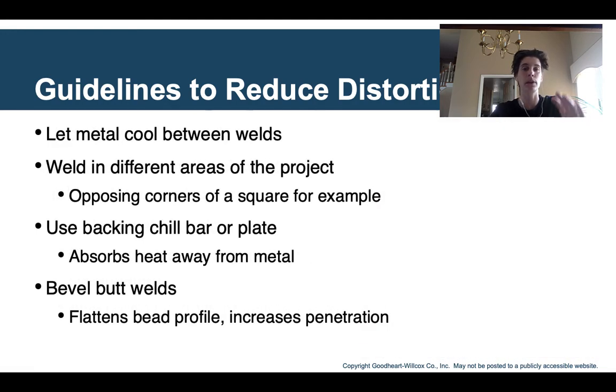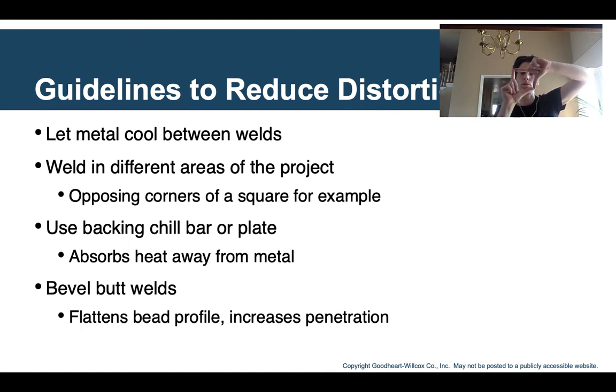Other tips, let the metal cool between welds. If you're welding multiple things onto one thing, do one weld, let it cool, then do another weld. My favorite thing is to weld in different areas of the project. So if you're welding up a square, something like this, well, first I would tack everything heavily. So I go tack, tack, tack, tack, and maybe tack this side.